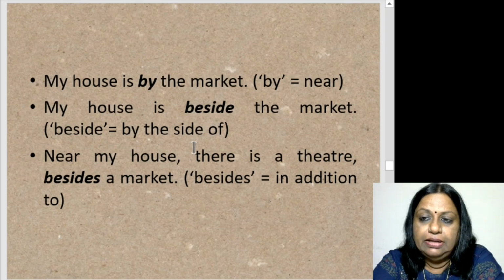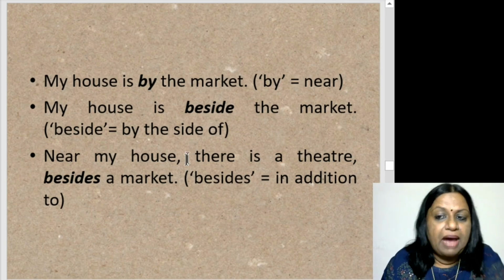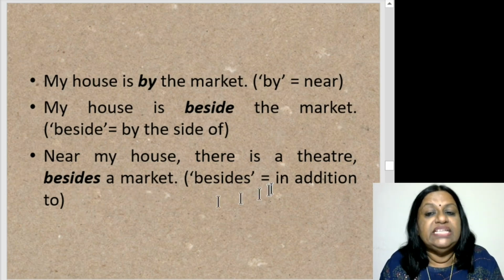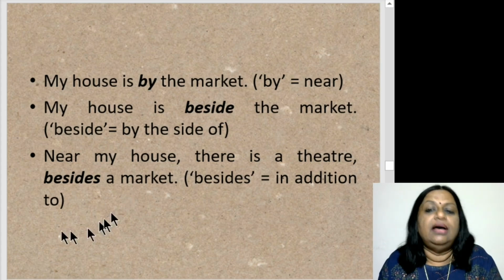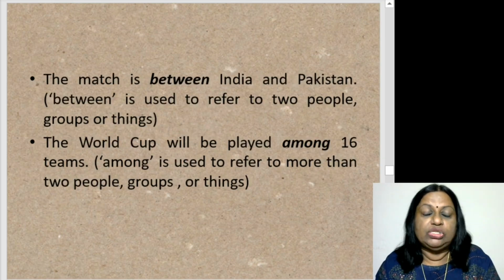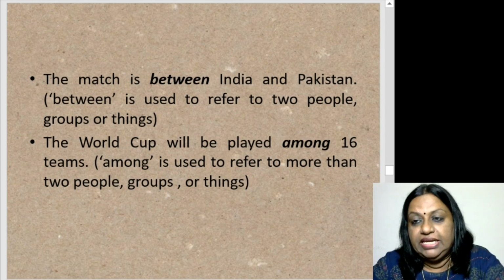Near my house there is a theater besides a market. Here besides means in addition to: there is a theater and a market. Do you see the difference? We should not get confused. We must use the right preposition so that we are conveying the right meaning.